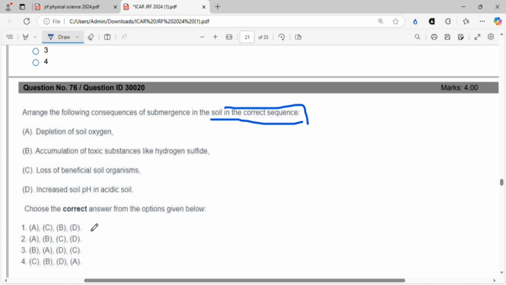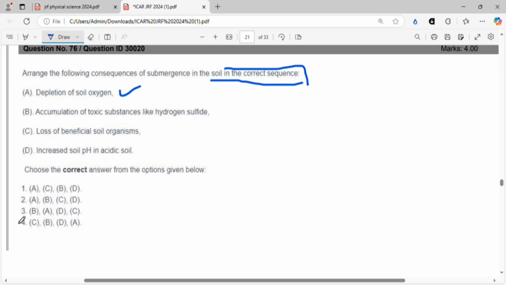So after submergence, in correct sequence, maybe they are saying according to time, like what will happen first and what will happen last. The first will be, after submergence, there will be depletion of oxygen. That is true. So option 3 and option 4 are eliminated. Depletion of oxygen is the first criterion. Then there will be accumulation of toxic substances like hydrogen sulfide, loss of beneficial soil organisms, and pH in acidic soil.